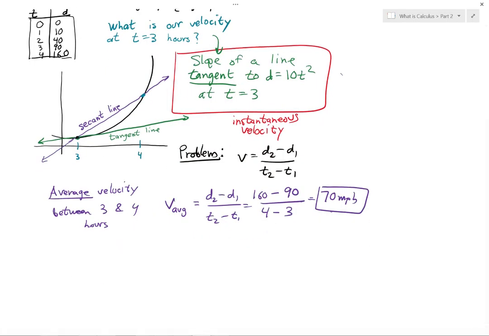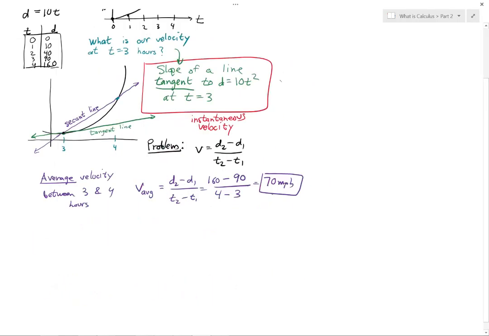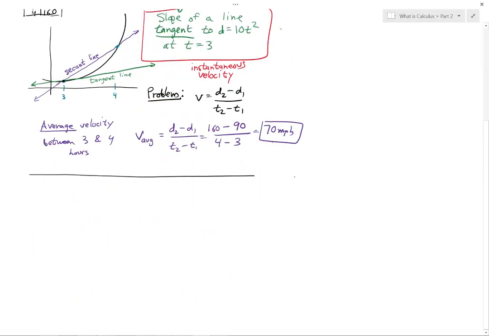The last thing we left off with is finding average velocity, and while that's not the same thing as the instantaneous velocity, it does take us in the direction we want to go. And to see why, what if we have only one point?